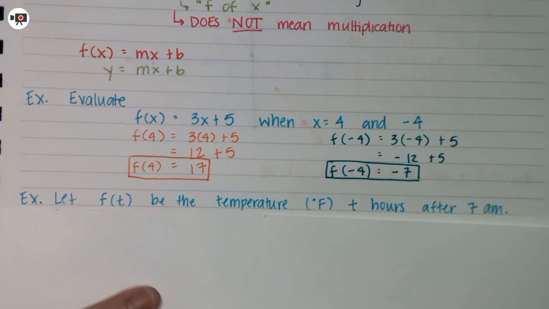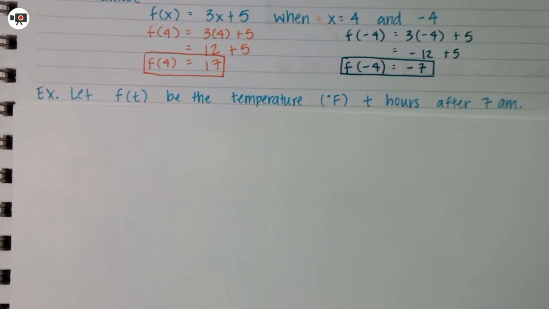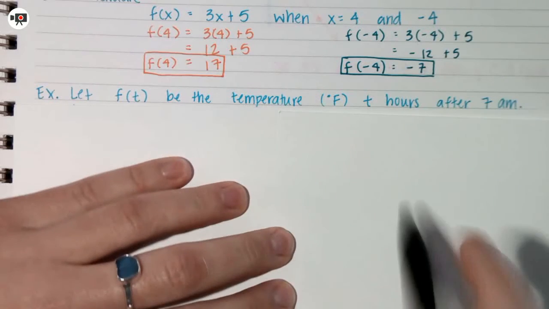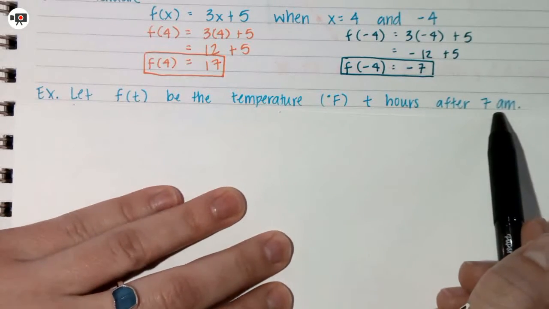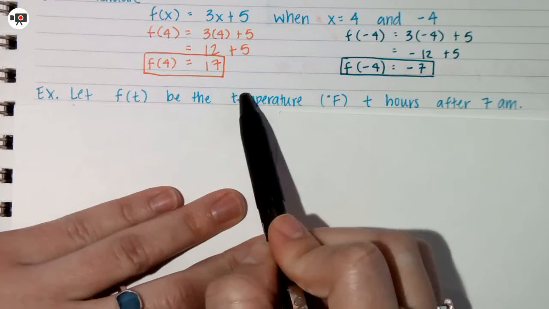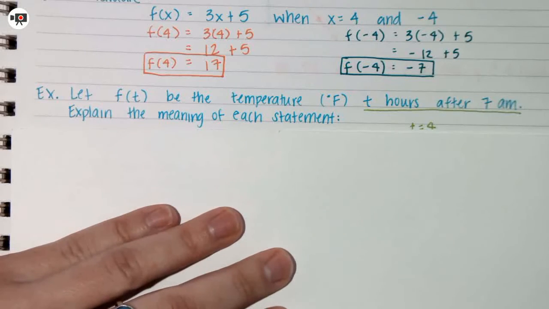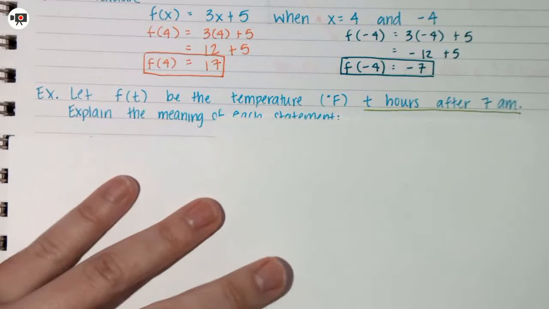Let's say, let f of t be the temperature in degrees Fahrenheit, t hours after 7 a.m. So t is the number of hours, f of t is the temperature. Then we are going to explain the meaning of each statement.